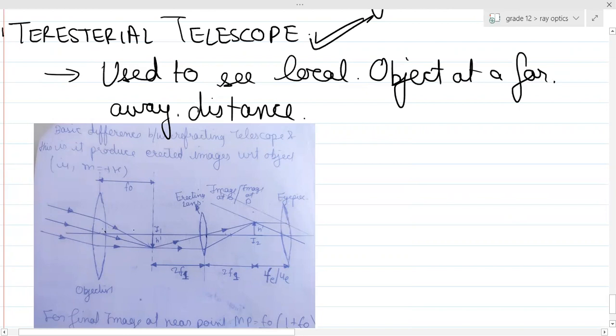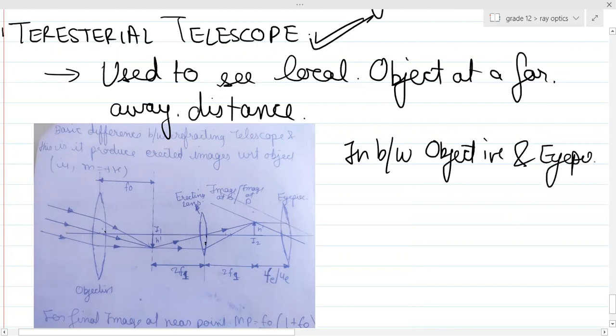But inside this particular thing, you introduce one more lens. Can you see over here? In between the objective and eyepiece, we introduce one more lens.